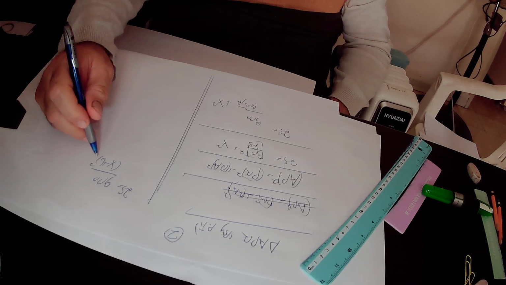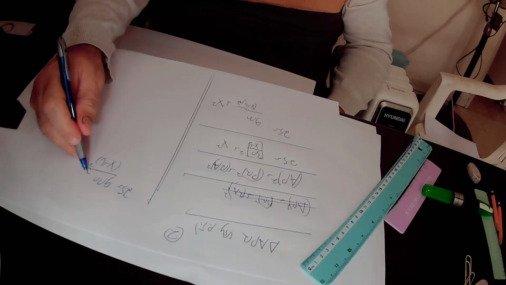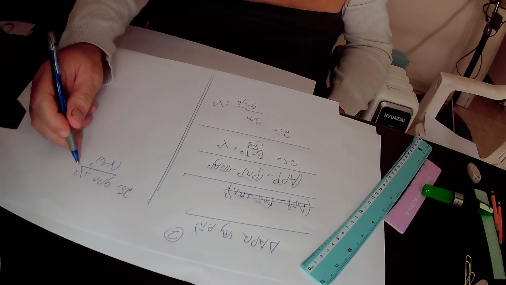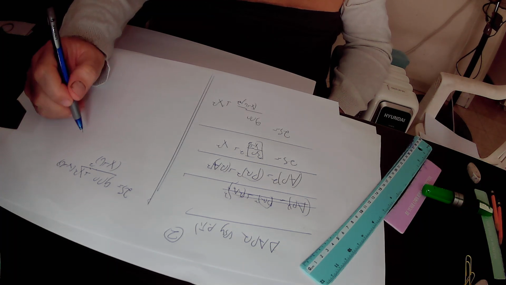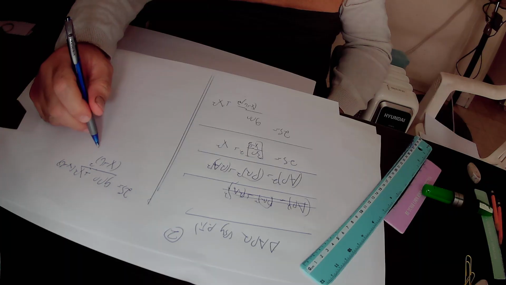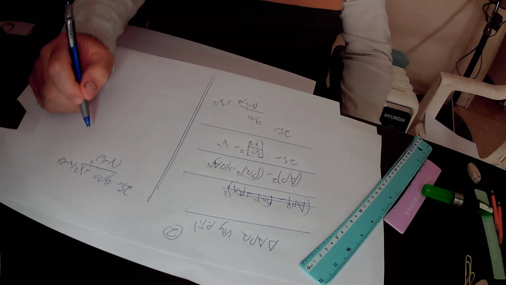So we have plus x squared times (x plus 6) squared, then we also divide it by (x plus 6) squared, so we get nothing.